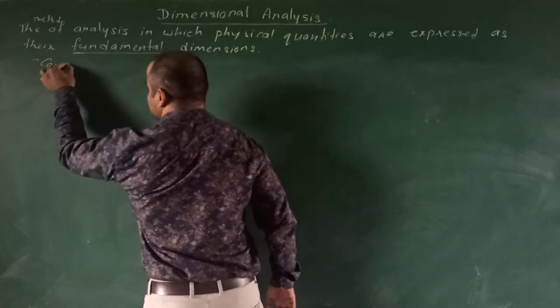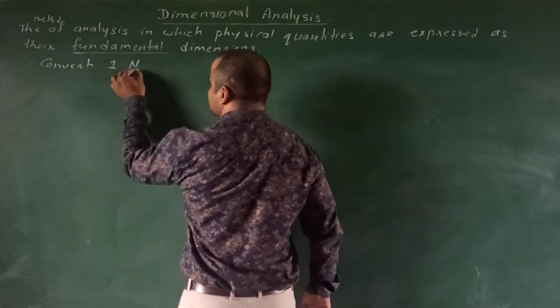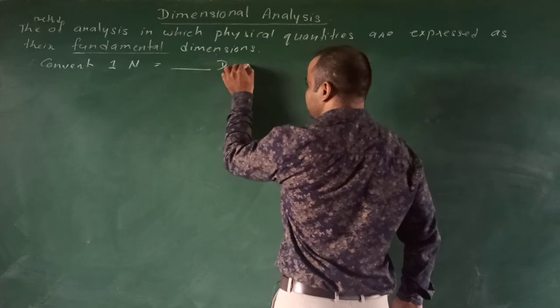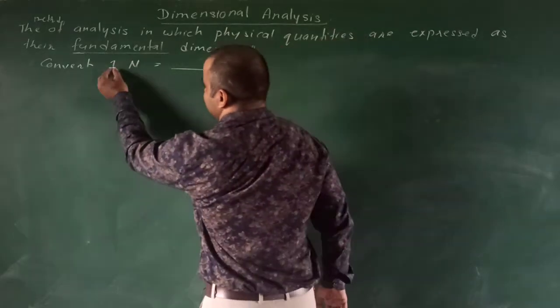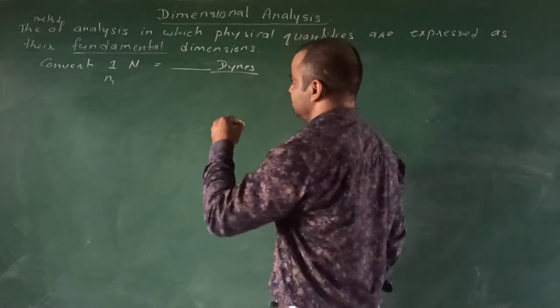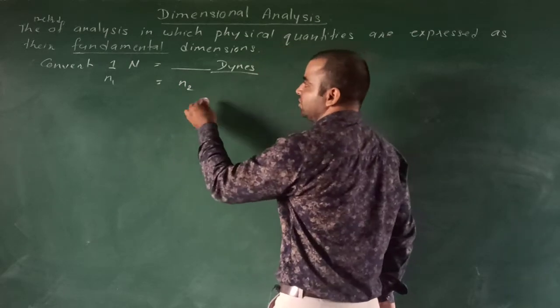Convert 1 Newton into dynes. 1 is the number or say magnitude. Here we have to find the another magnitude.